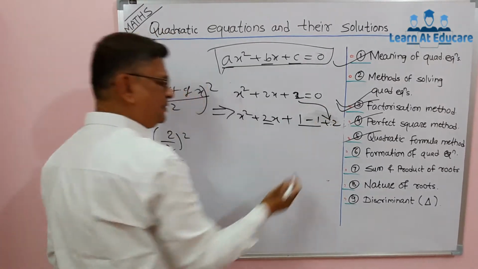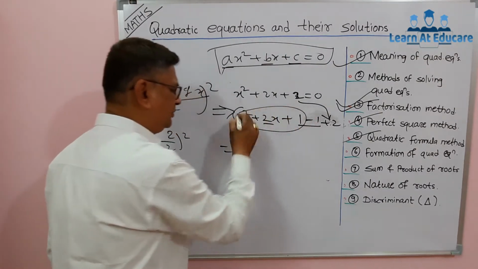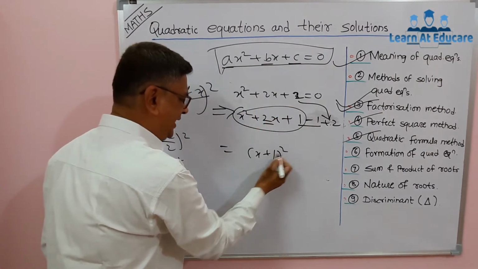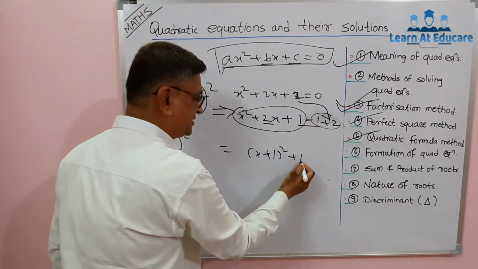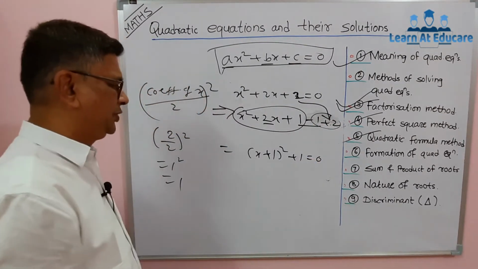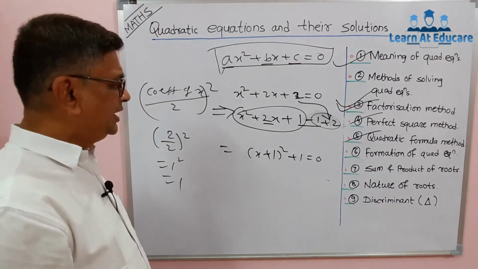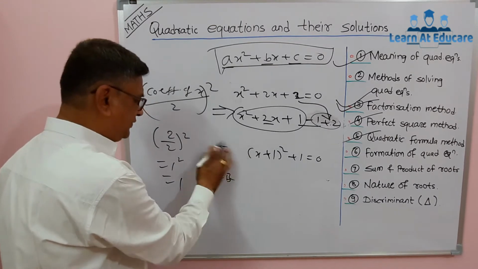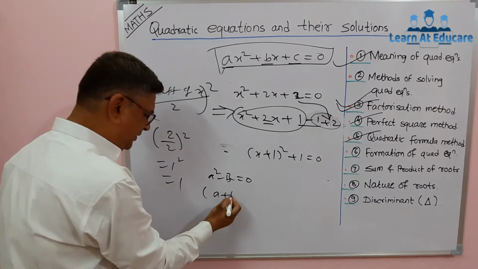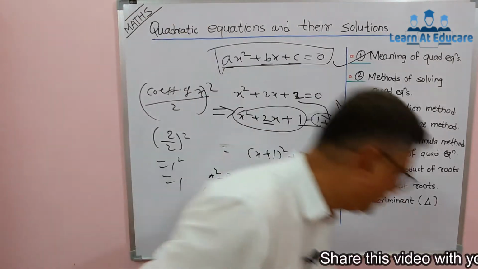Now do you observe these first three terms are the perfect square (x + 1)², and this −1 + 2, the sum is +1, equal to 0. Now this can be written as of the type a² − b² = 0. Then you know (a + b)(a − b) are the factors, and from that you can easily get the two values of x.